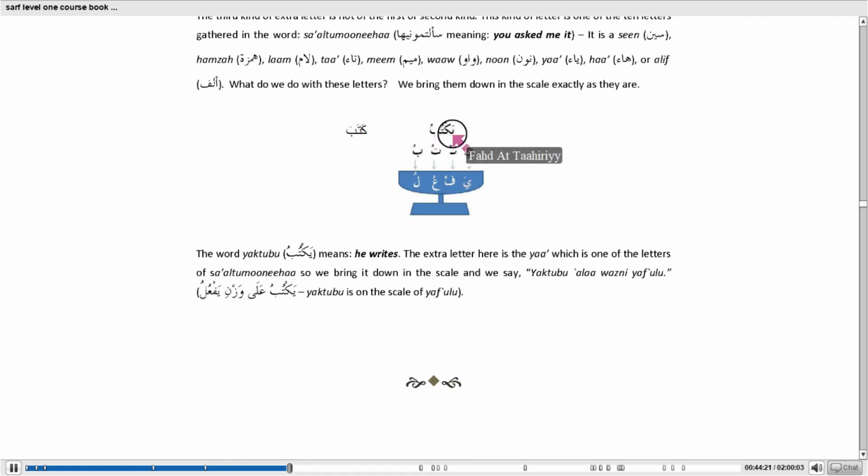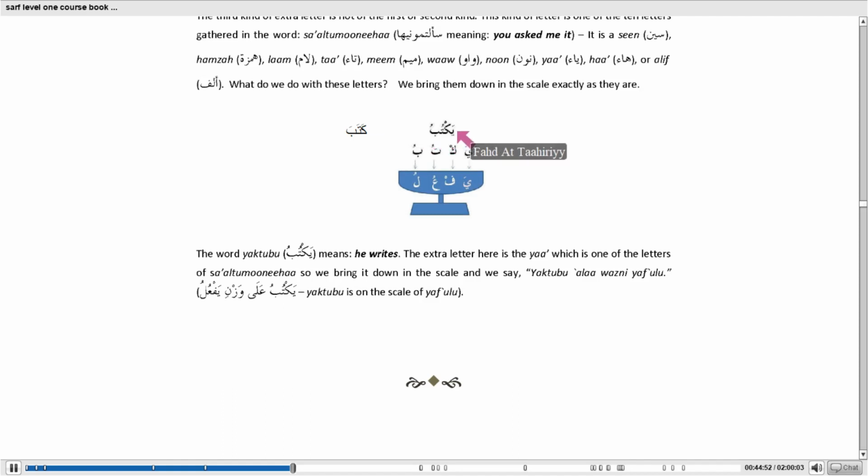So basically, did the ya drop from kataba? No, I meant, is the ya missing in this form? The ya in yaktubu, is it not found in this form, which is kataba? Yes, it's not found.